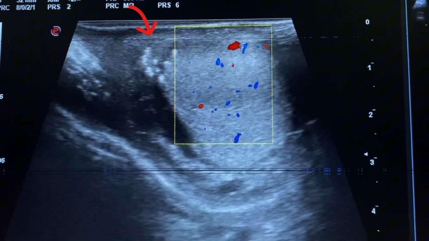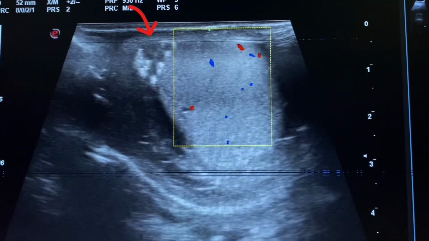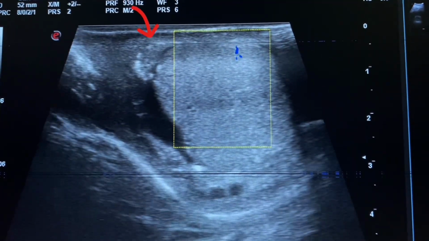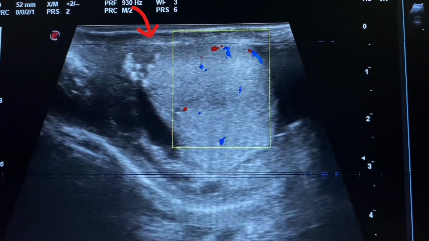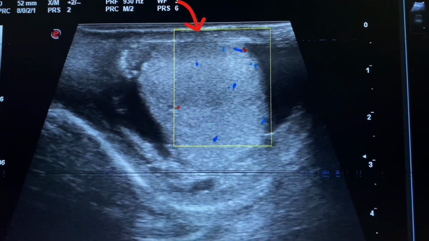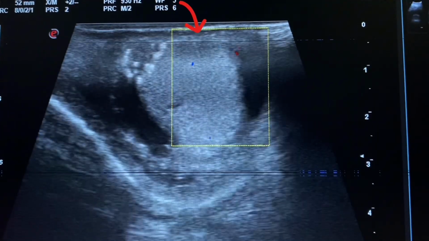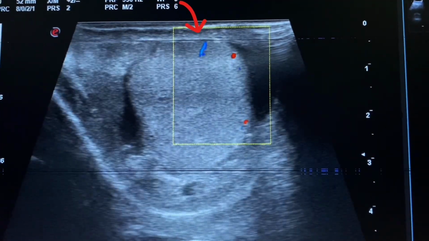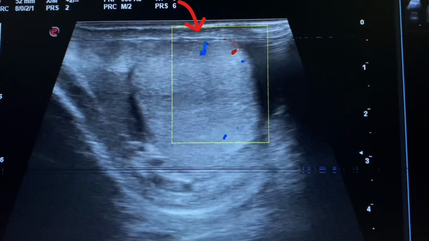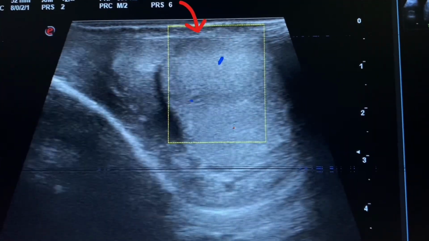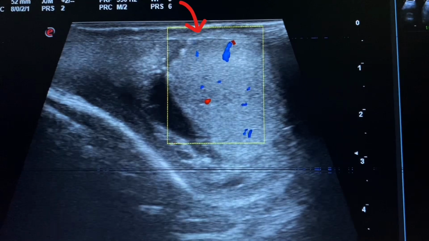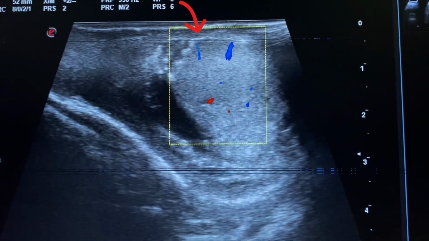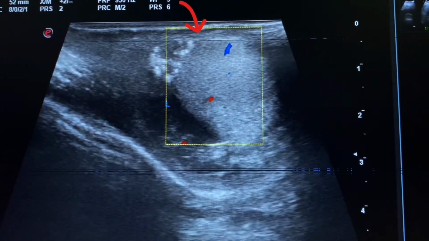Here we see the calcified area around the testis and epididymis due to chronic inflammation. In all parts of the testis, we see increased blood flow.